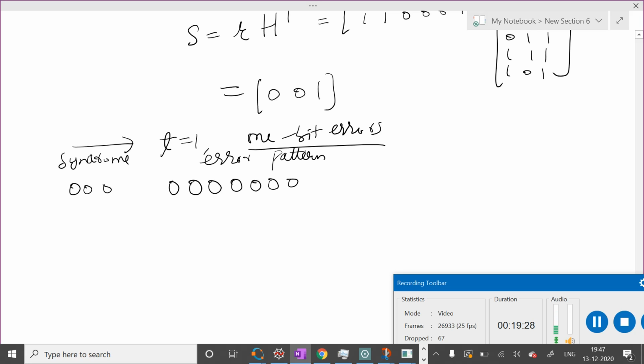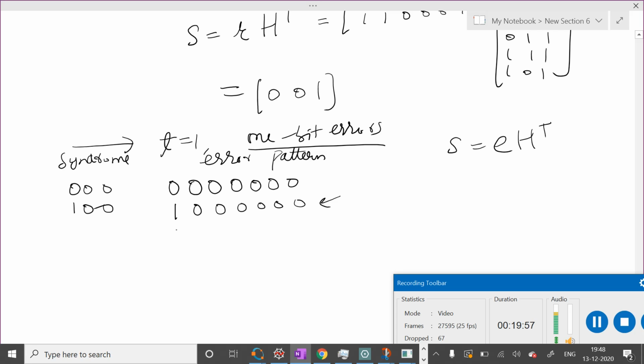Okay, now there is a possibility that the first bit is in error, so this will be the error pattern. It means when this error pattern gets added to the code word, the first bit is in error, and its syndrome will be computed separately. So the syndrome can always be computed as E H transpose, very simple.